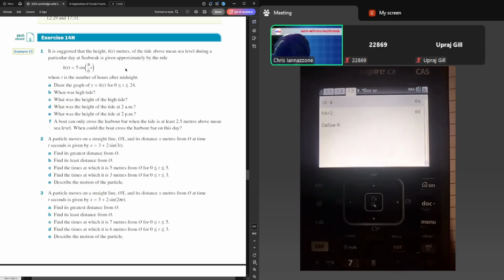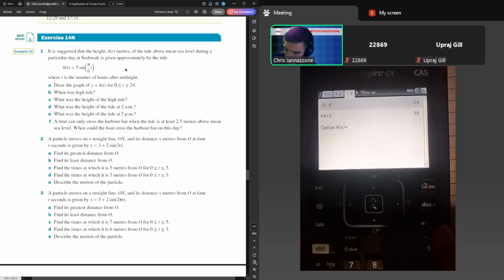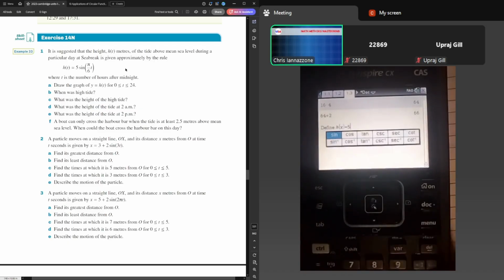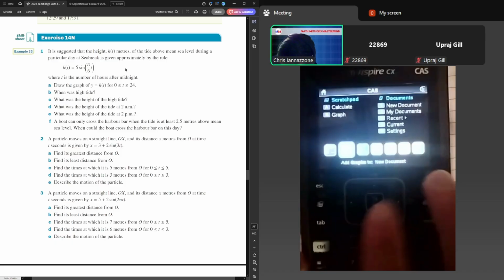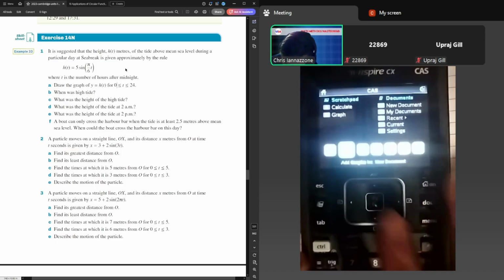So let's define our function. I typically call things h of x as I know where that is on the CAS, because the CAS decides to do an alphanumeric keyboard as opposed to a QWERTY keyboard. 5 sine of pi over 6x. Don't forget to specifically use x in these cases, because if you don't, the graphing tool won't really know what you're talking about.